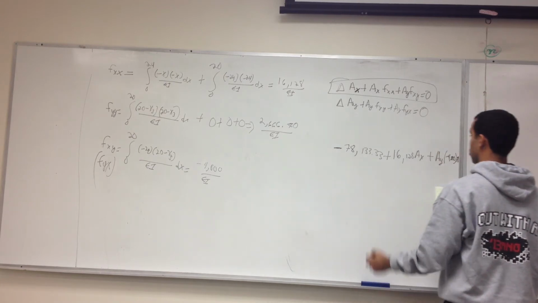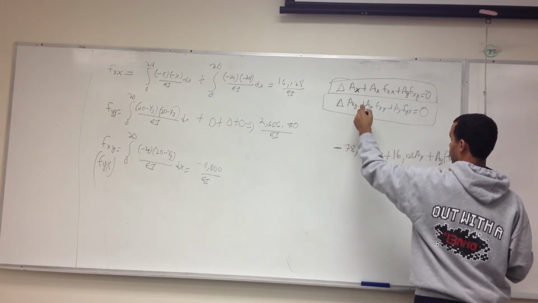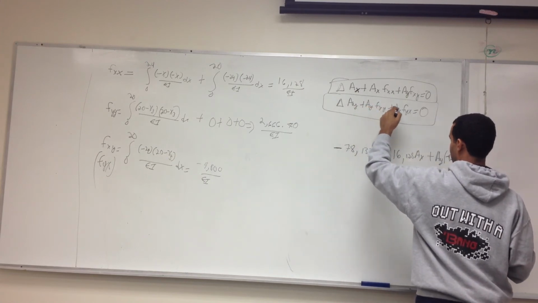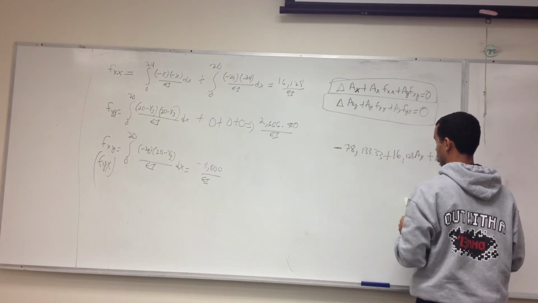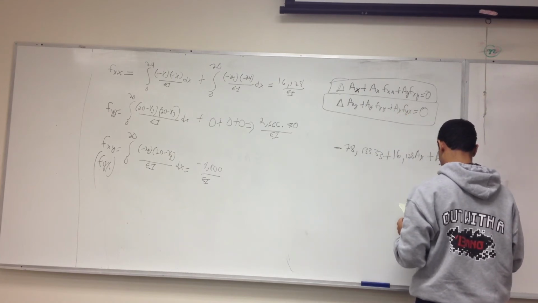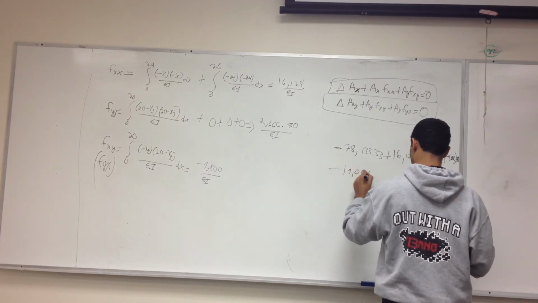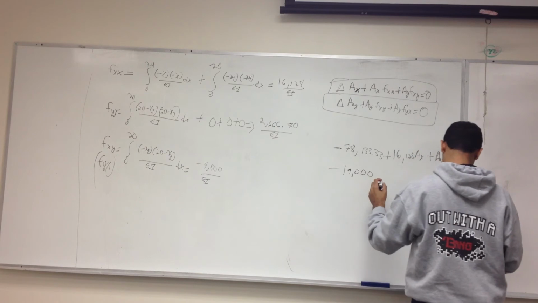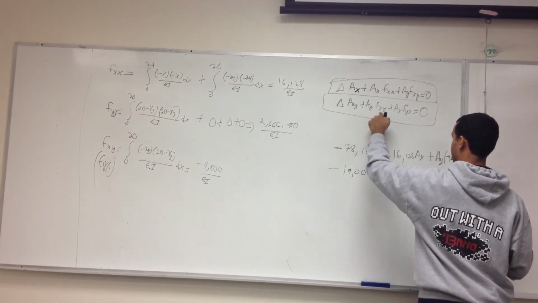And now for our second equation, we have delta AY plus AY times FYY plus AX FYX equal to 0. For our delta AY, we had the answer being negative 19,000 plus AY times FYY.